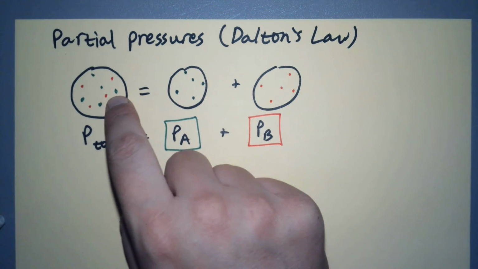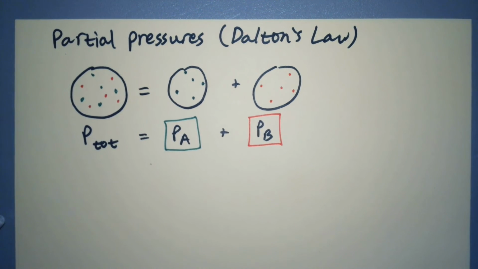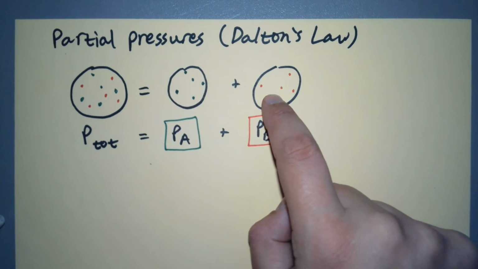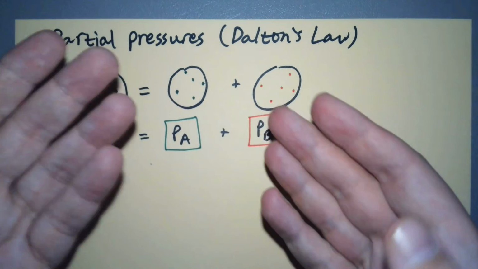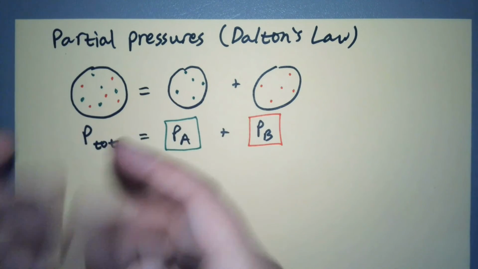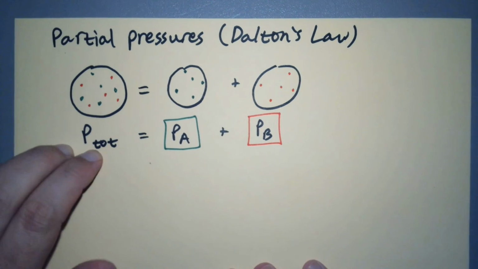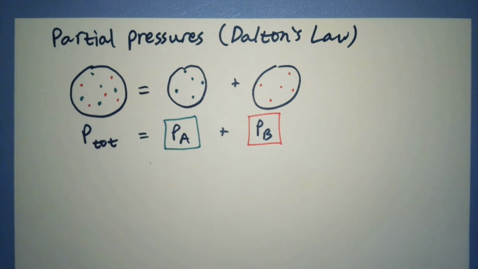So the red and green aren't interacting with each other. And so I could do PV equals nRT for the green. I could do PV equals nRT for the red. I could solve both of those for P, add those together, and I'm going to get the total pressure. So the whole is just the sum of the parts.